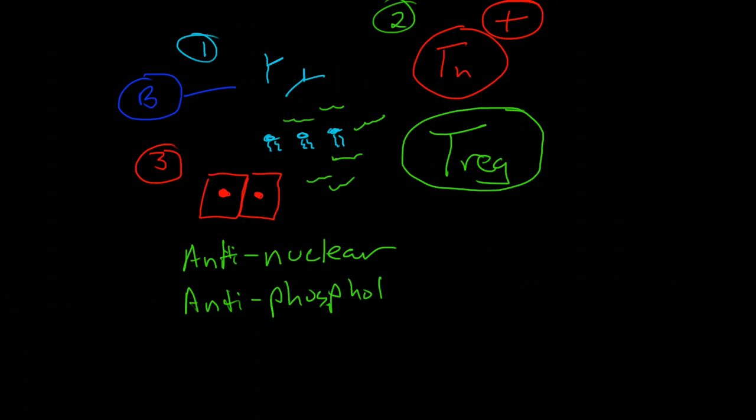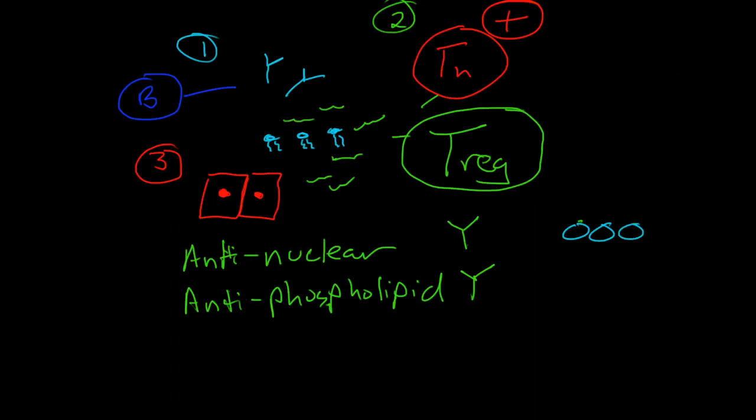And this is a bad situation because now we have a situation where the Tregs and T helper cells are not helping the body to be able to differentiate between self and non-self, and then a situation where we have lots and lots of anti-nuclear antibodies and anti-phospholipid antibodies.